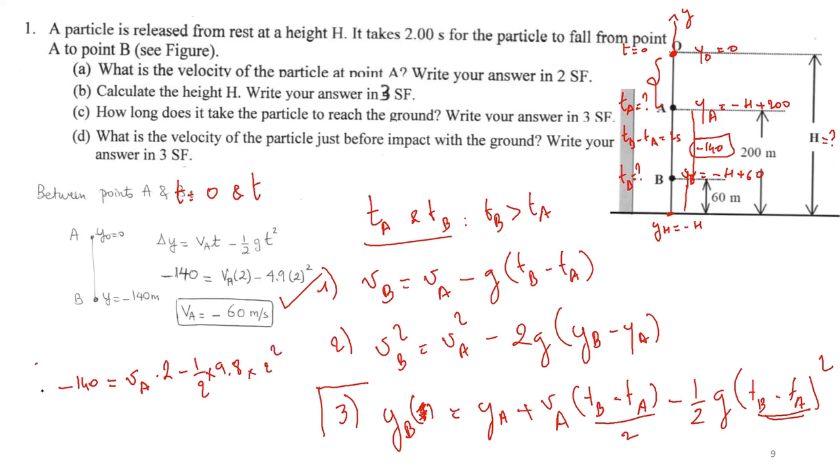So the only unknown here is VA. Okay, so if I do the calculation, I solve for VA and I will get minus 60.2, I believe, right? But in the same number of significant figures, let me write it 60 because I wanted two significant figures. I will have 60 meters per second.